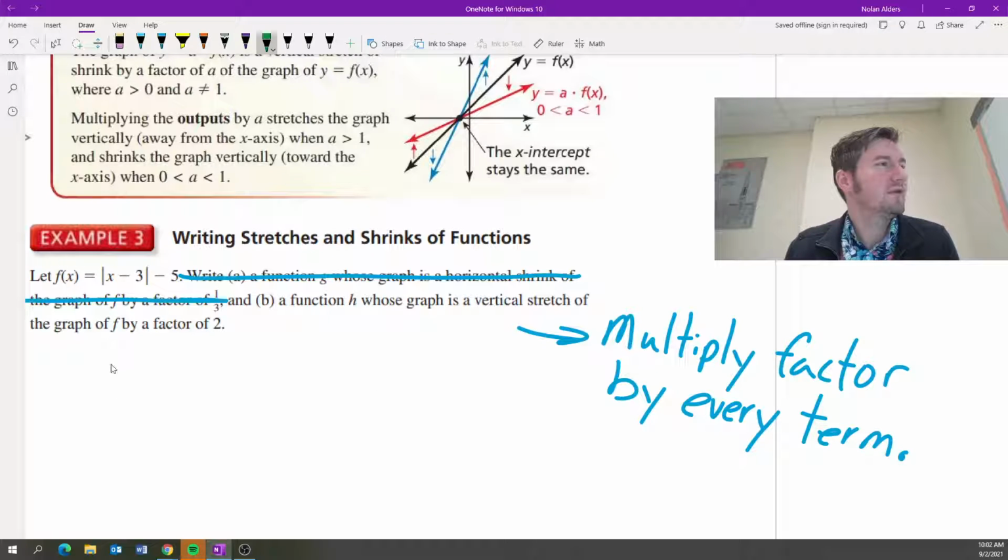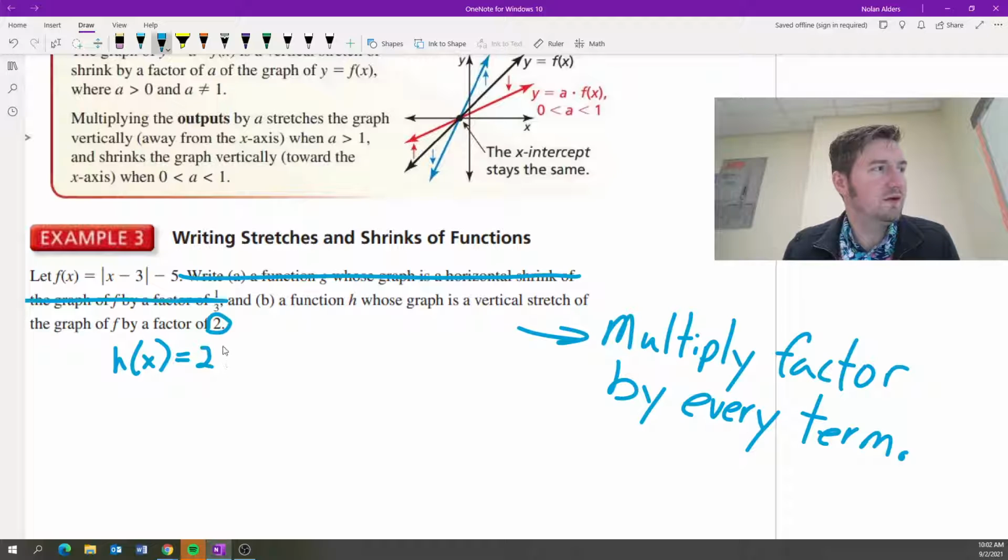So h of x is just going to be equal to, we're going to multiply that by this factor. So 2 times x minus 3, again, that's one package. You can think of that as one term.